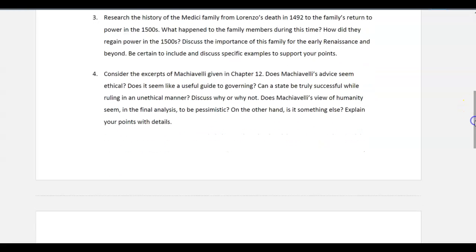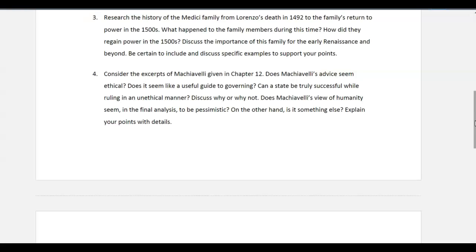The next topic talks about looking at the works of Machiavelli. You have some excerpts from The Prince. I want you to look at that information, discuss what's presented in your textbook, and explain what that advice really seems to be. Is it good political advice? Does this advice that Machiavelli offers in The Prince, would it really lead to a stable, firm government?